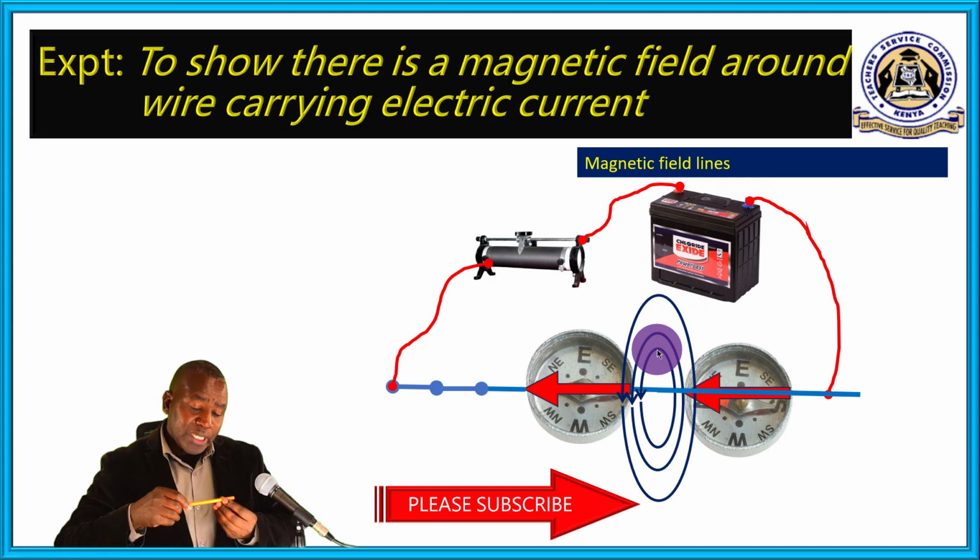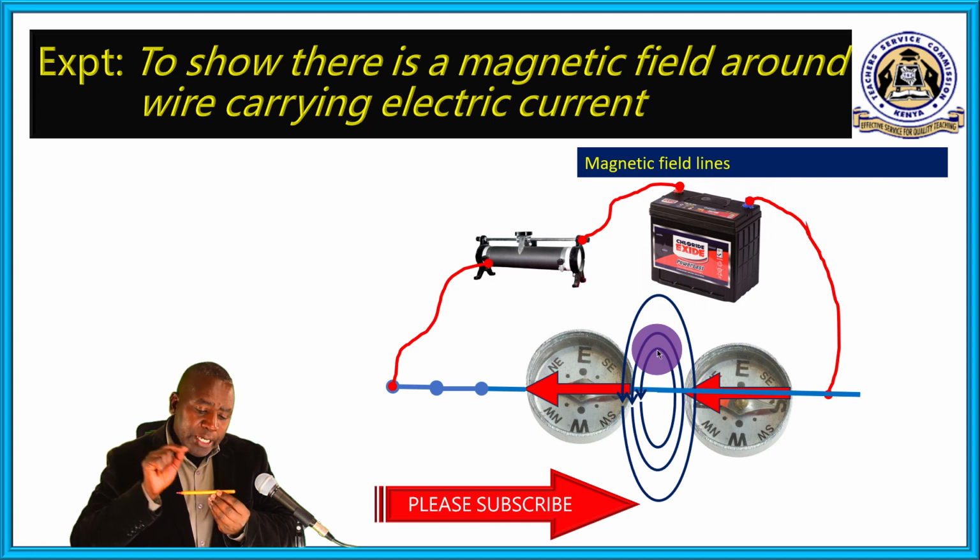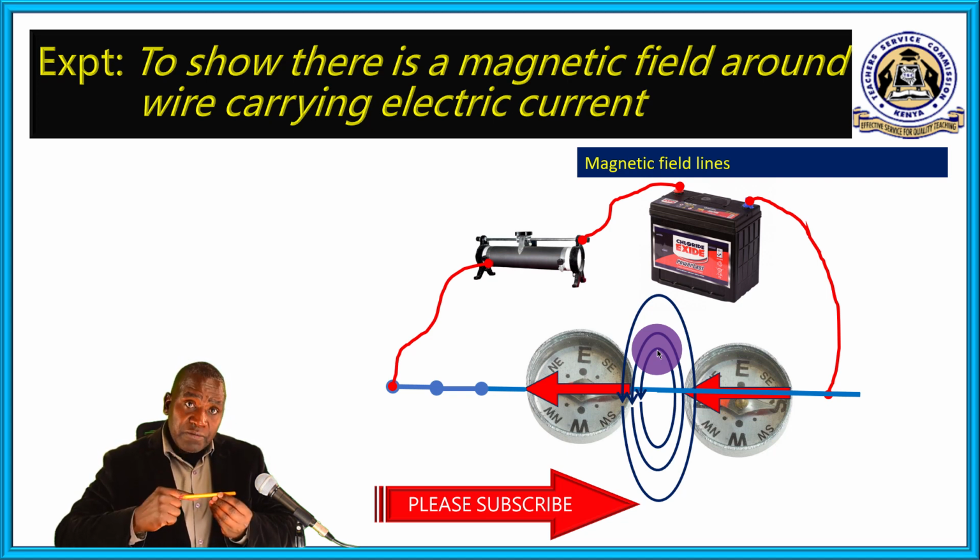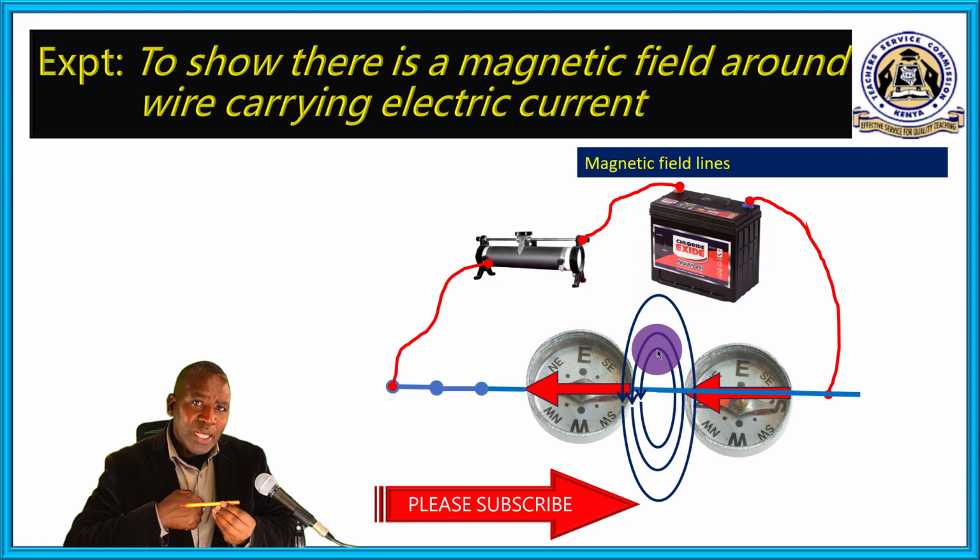Now let's look at a conductor such as this one here. Let's assume this pen is a conductor and current is flowing in this direction. The magnetic field consists of concentric rings around the wire. That is one ring inside another one.